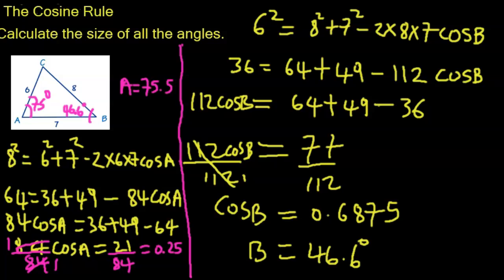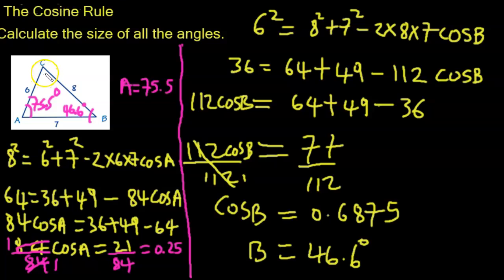So angle C would be 180 minus 75.5 minus 46.6, and that gives me 57.9.